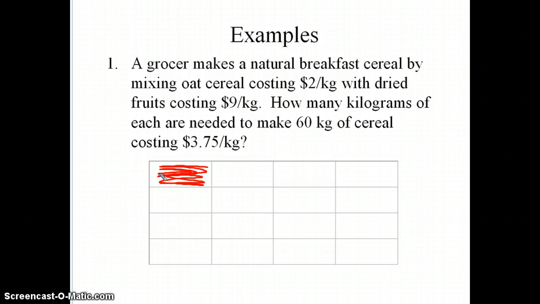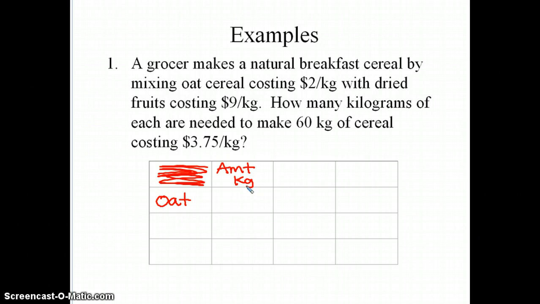When we're looking at this table, we have to look at the example and determine what we are looking at and what we mean. When I read the first sentence, I notice I have an oat cereal, and it has a cost, and there's a weight associated to it. So I'm going to put in my first box the oat cereal, and I note that there is an amount that I'm going to mix, and it's in kilograms.